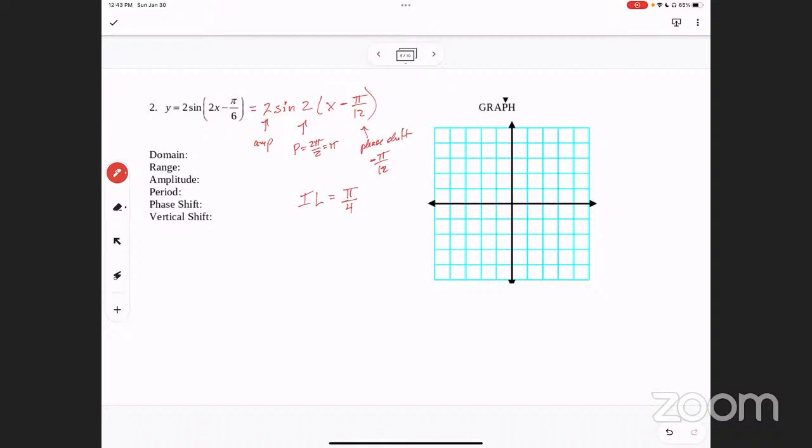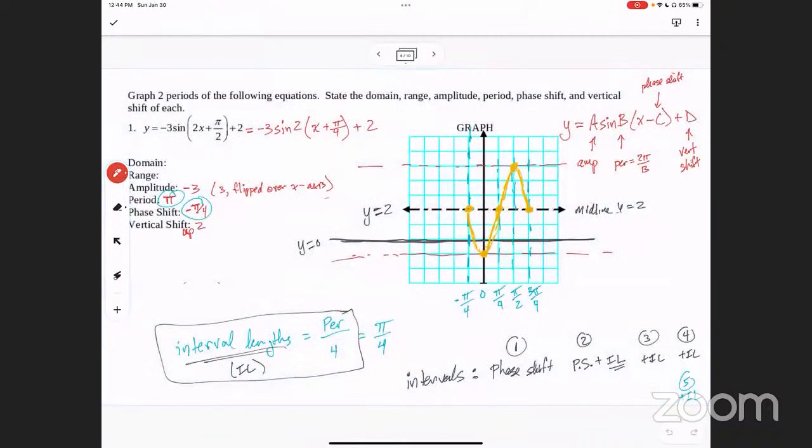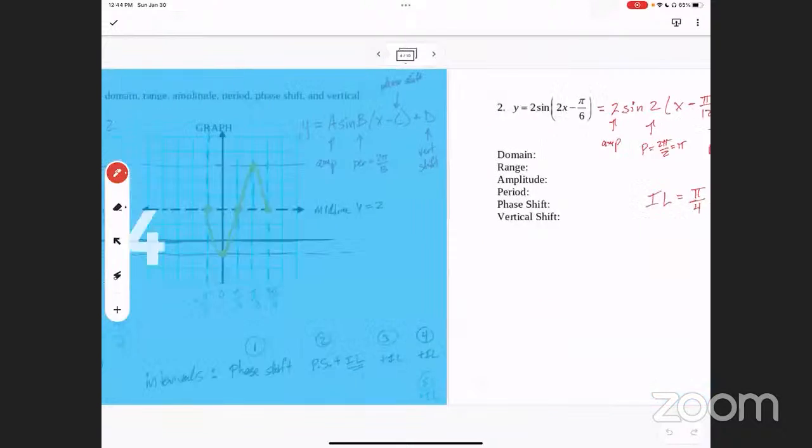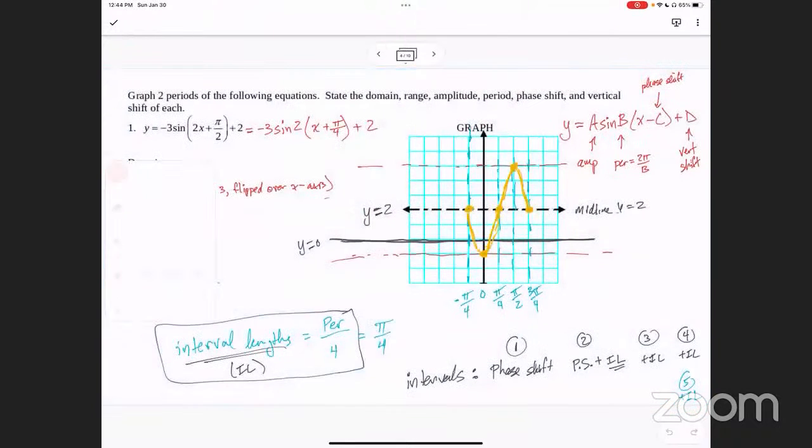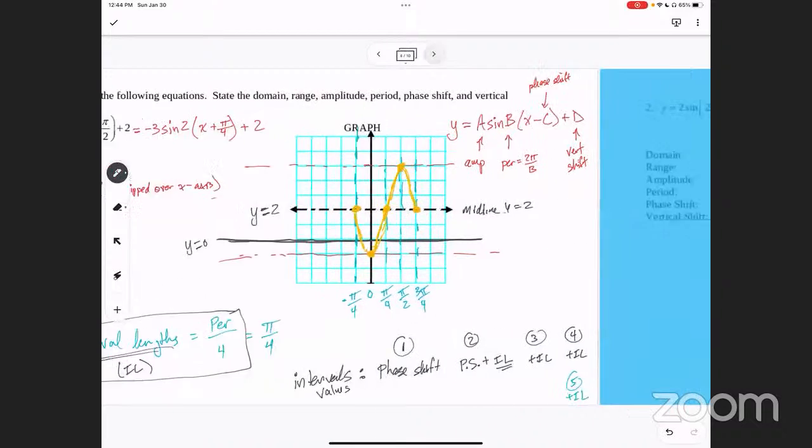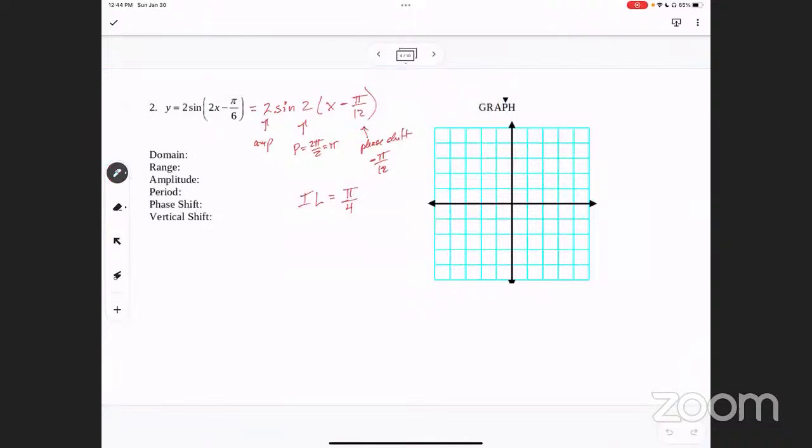So my interval values are going to start at negative pi over 12. This is where it gets goofy. That's my first point. You understand?